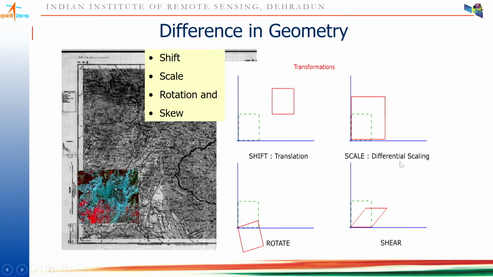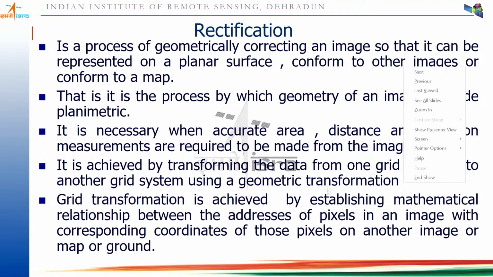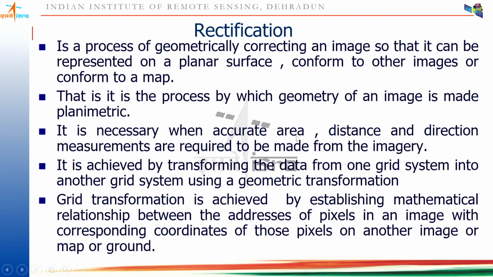So we should correct for these things, and the procedure I am mentioning again and again is called rectification. Rectification is a process of geometrically correcting an image so that the image can be overlaid over another map or another image.